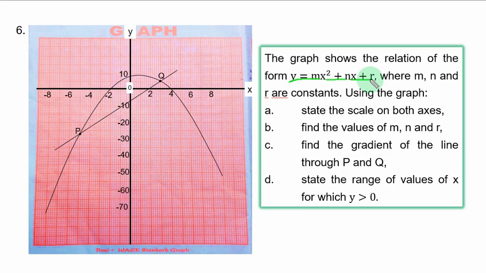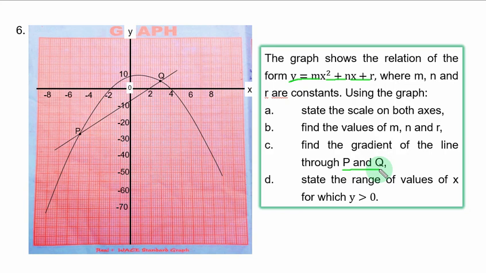Using the graph, A, state the scale on both axes. B, find the values of m, n, and arrow. C, find the gradient of the line through P and Q. D, state the range of values of S for which y is greater than 0.